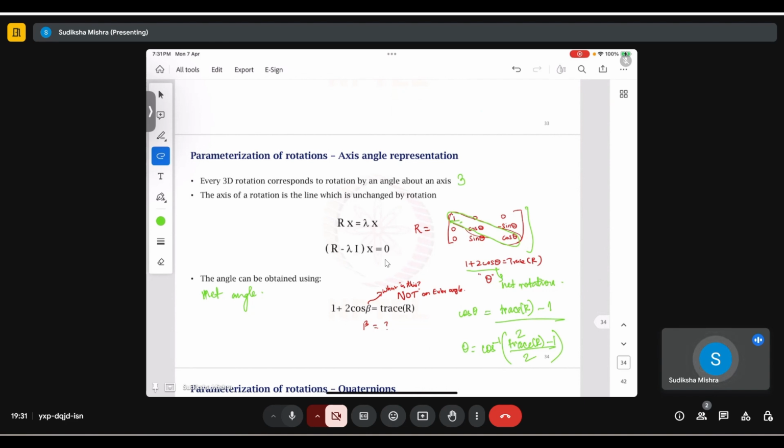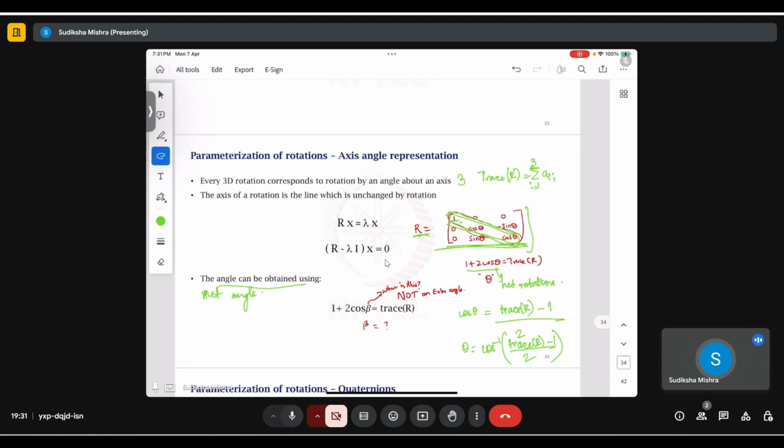To obtain the net angle of rotation, if you have a rotation matrix such as this, you calculate the trace of the matrix. The trace is essentially the sum of the diagonal elements. This is the formula for trace.